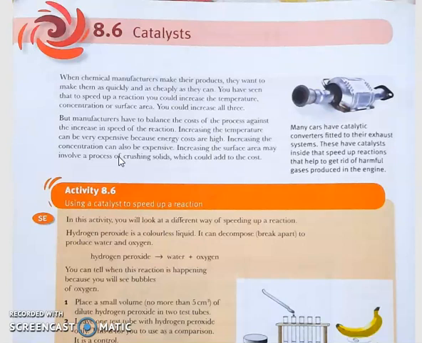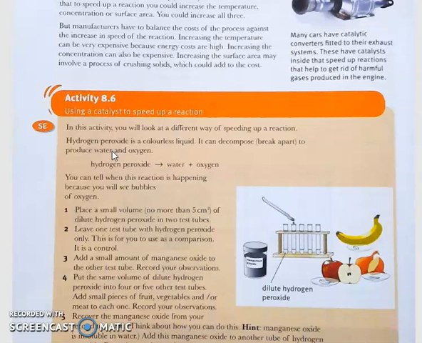But the change required is less. That shows the rate of reaction is faster. So here the duty of the iron catalyst is just to increase the speed of reaction, and iron is chemically unchanged at the end of the reaction.